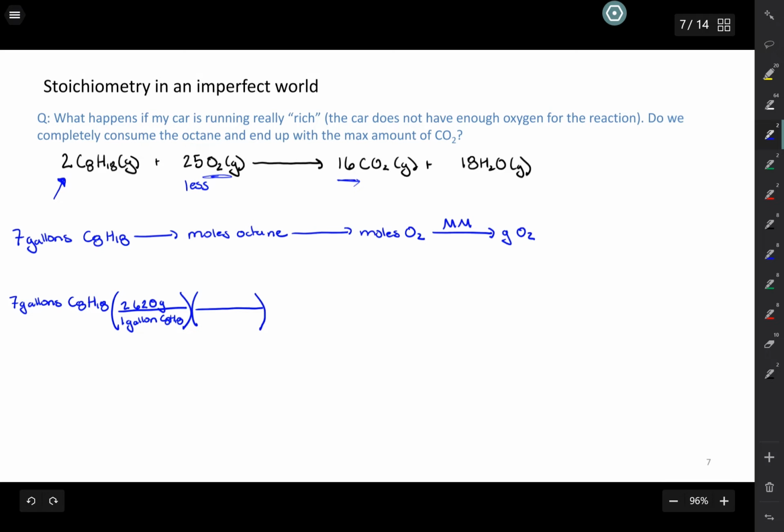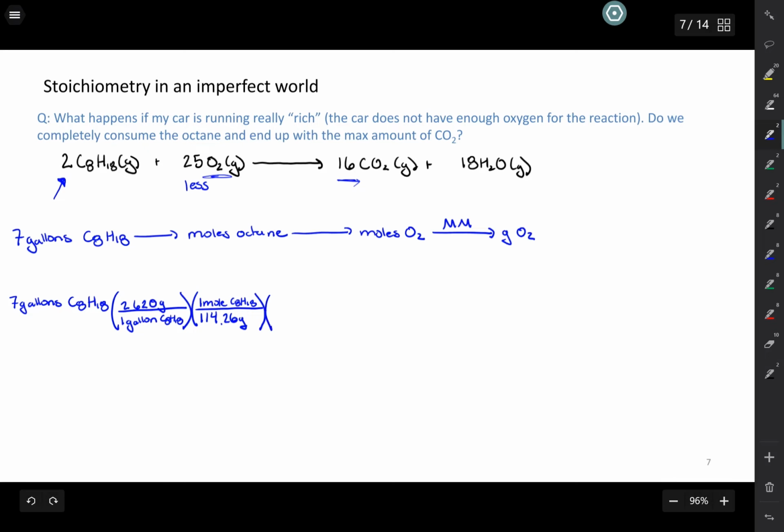Going from grams to moles, we know that 1 mole is 114.26 grams.